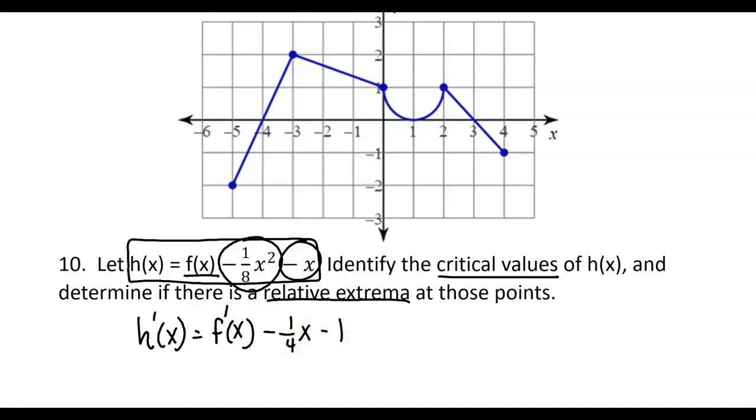Okay? After you find your derivative, you make it equal 0, and that's how you find critical values. You find where the derivative is equal to 0. Okay, so this is where things get a little bit weird for us, though. What I'm going to do is I'm going to add 1/4 x and 1 to the other side.